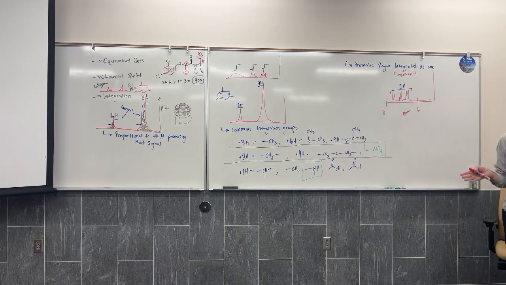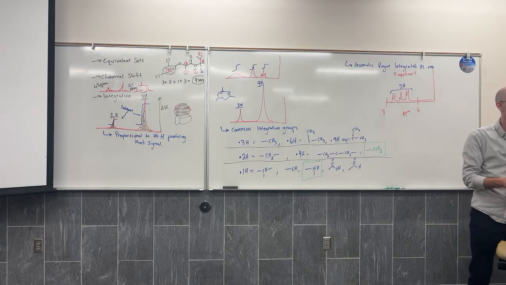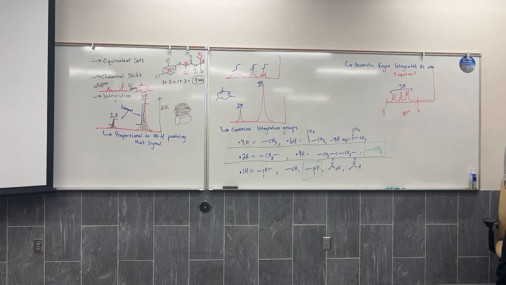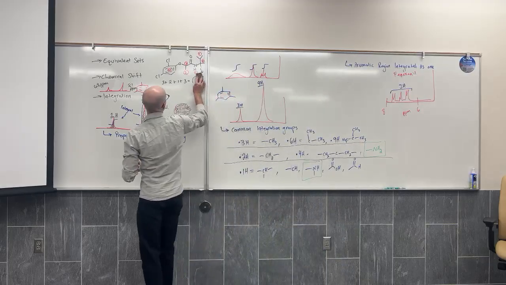So to remove some of that messiness in the aromatic region, just integrate that region as one whole. You have questions on integration? In my opinion, integration is one of the most powerful pieces of proton NMR.